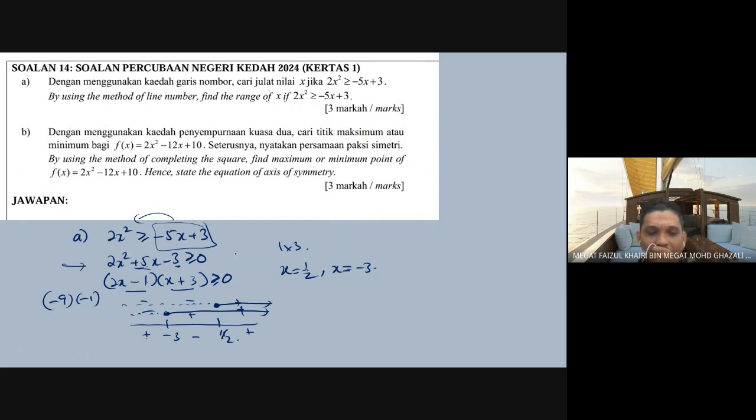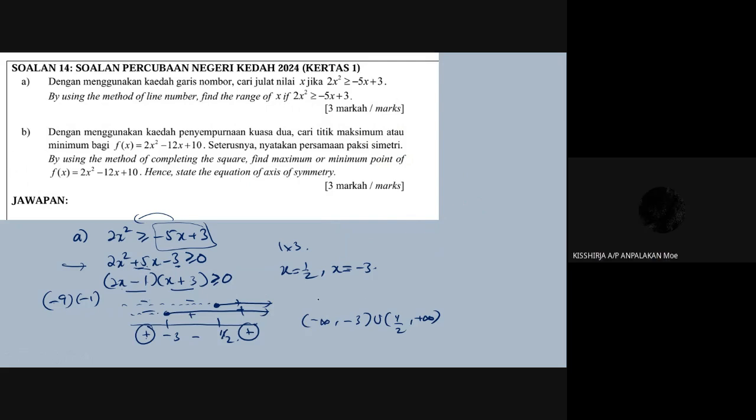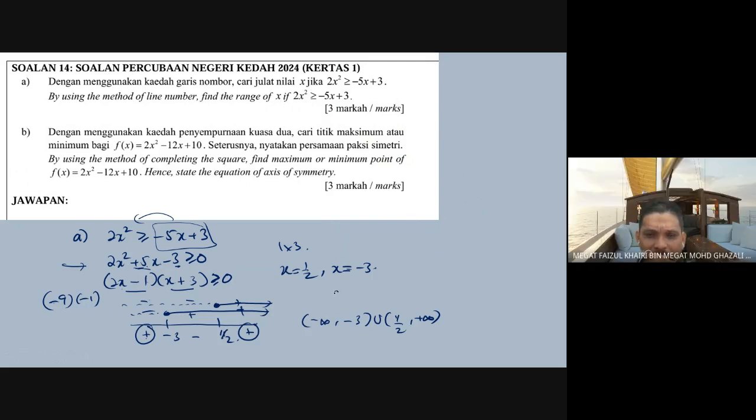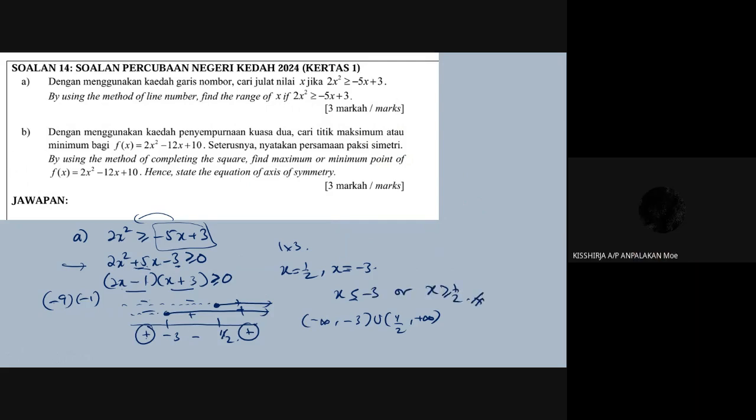Greater than or equal to 0 is all about positive value, then we take the positive sign. So then it is negative infinity until negative 3 union 1 over 2 to positive infinity. Or kalau di SP kita tuliskan x less than or equal to negative 3 or x greater than or equal to 1 over 2.